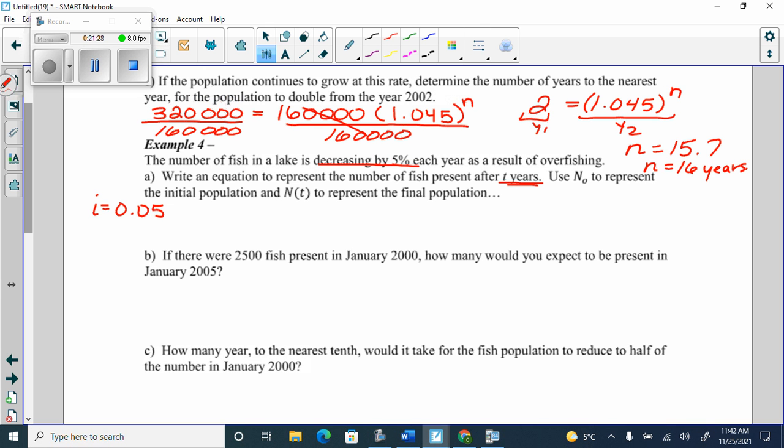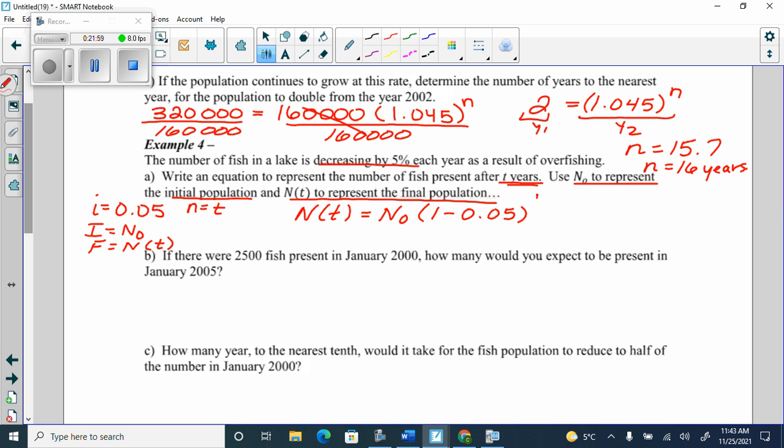Years is always our X. N sub 0 represents the initial population, so my capital I is N sub 0. And N of T represents the final population, so my capital F is N of T. So N of T equals N sub 0 times 1 minus 0.05 to the T. So it's N of T equals N sub 0 times 0.95 to the T.